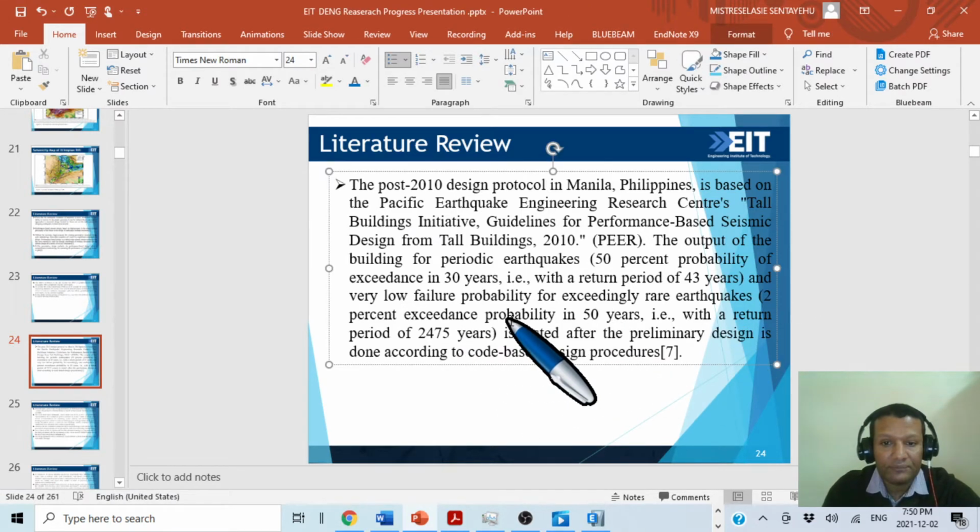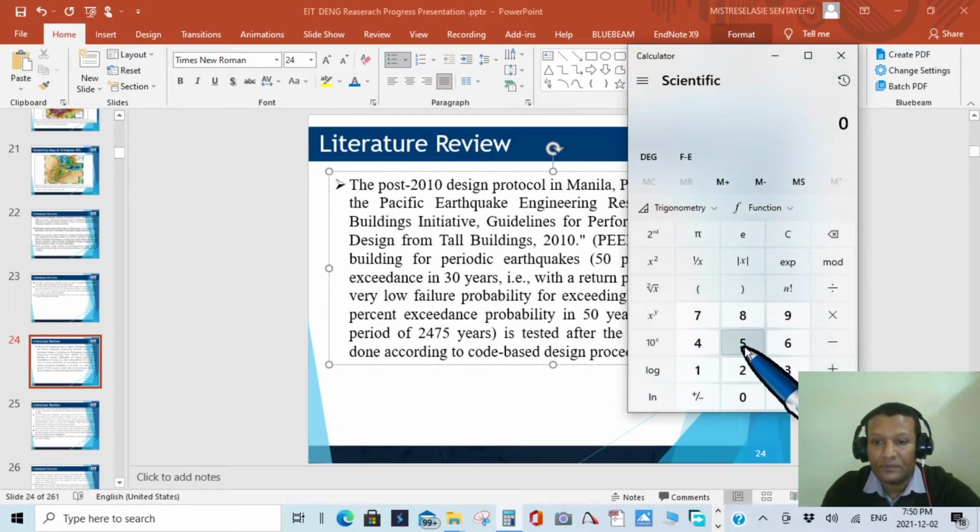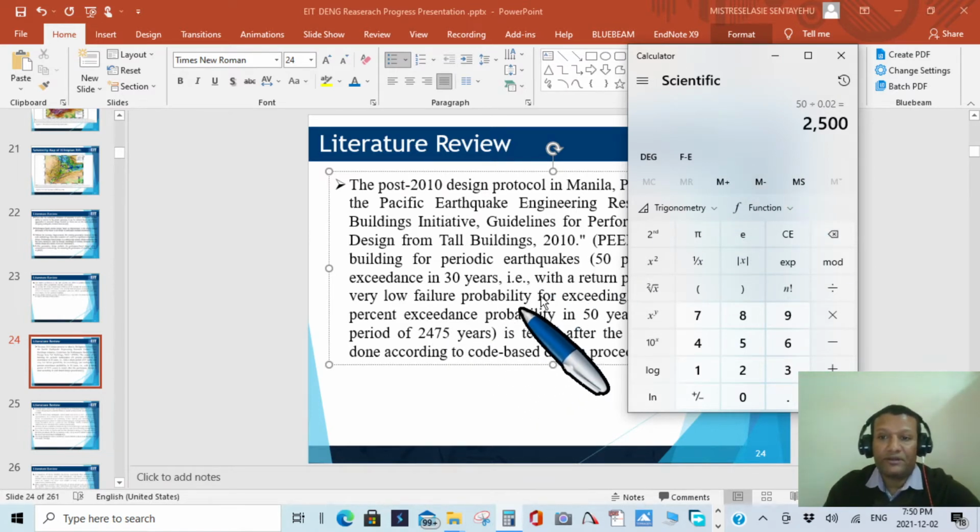So this is a probability of 50 years with 2%. The return period is just 50 divided by 0.02, yeah, around 2475 years.